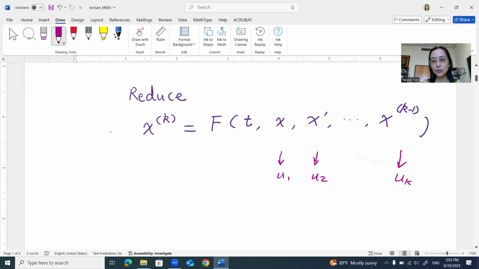And we also want to make it autonomous. So this t will be u naught. So with that notation, it's just a little bit convenient notation. Then we can rewrite. We can see that u naught's derivative is 1. u1's derivative with respect to t is u2.